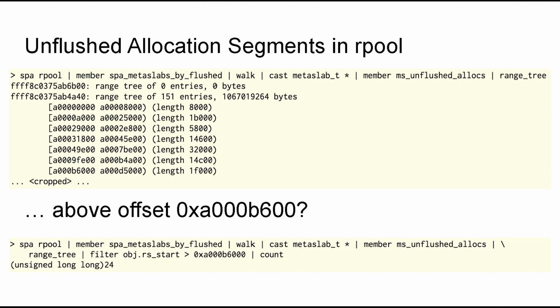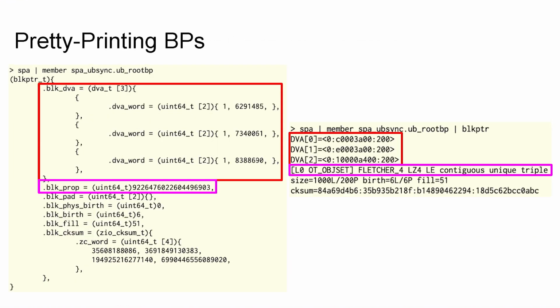So just focusing a little bit more on this concept of pretty printing, most debuggers, for something like a block pointer, here I dereference the block pointer of the uberblock, would print something like this. This is pretty standard. It's a C structure; I'm going to show you each field and the value of each one of the fields.